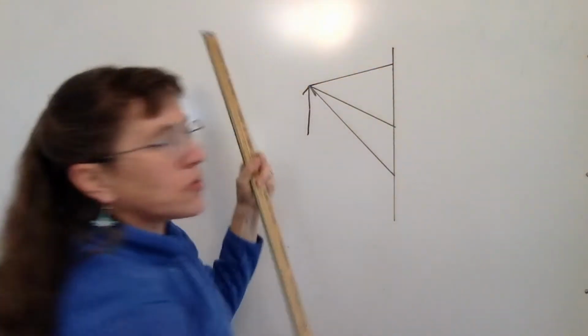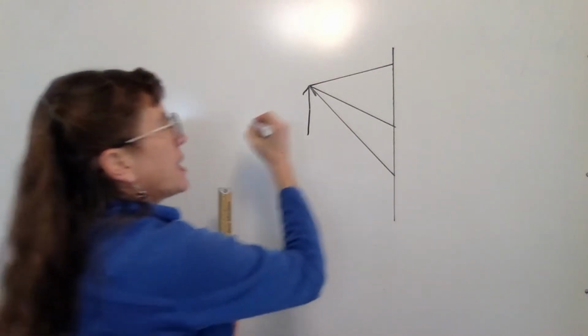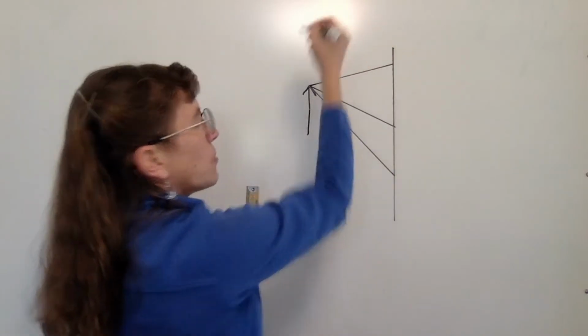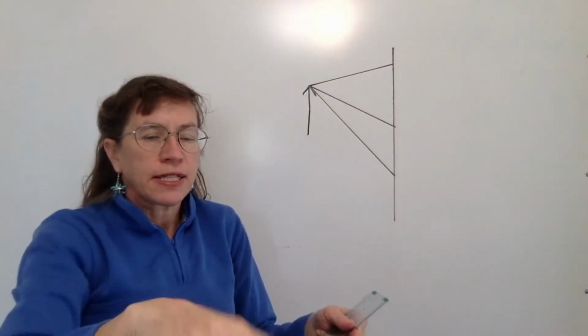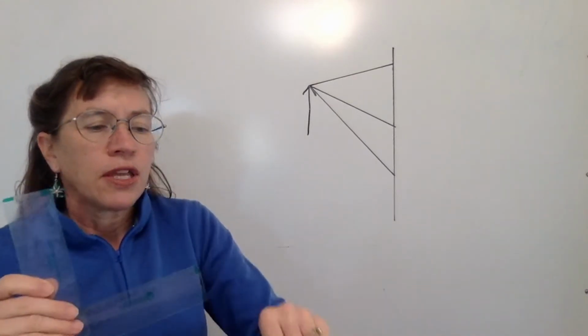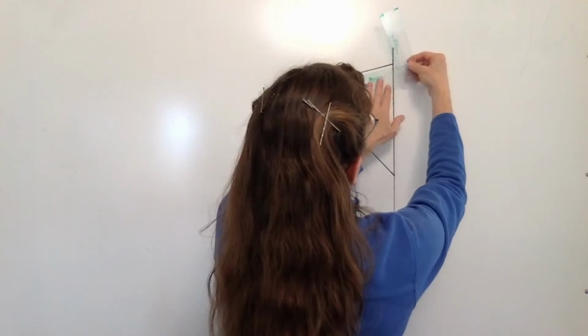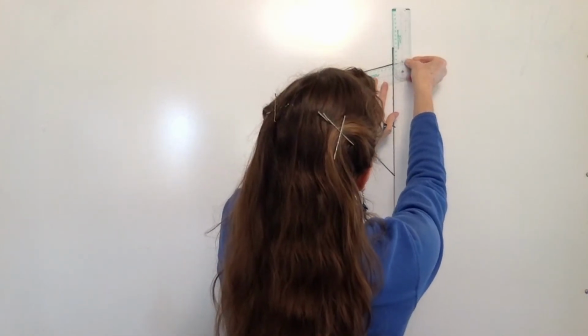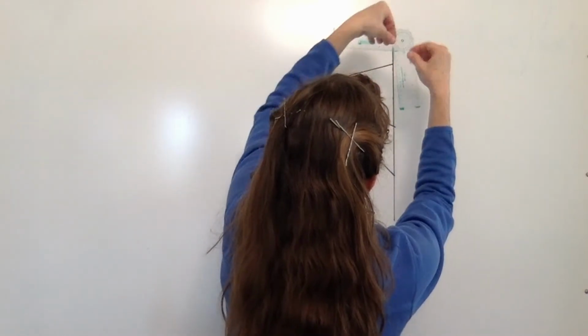The way you draw ray diagrams for a flat mirror is you realize that the incoming angle and the reflected angle are equal to each other. I'm going to use an angle ruler. You could also use a protractor, but you need to measure this incoming angle, and then you realize that it reflects at the same angle.